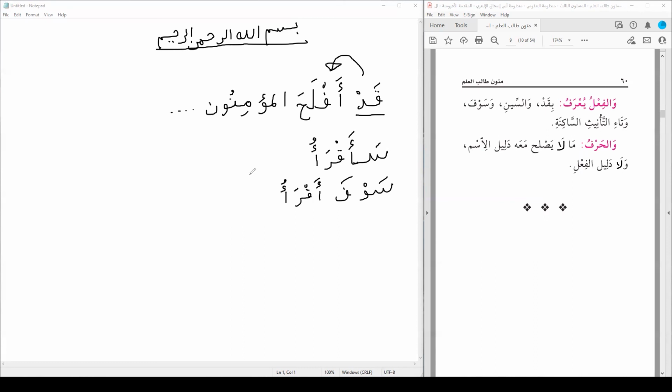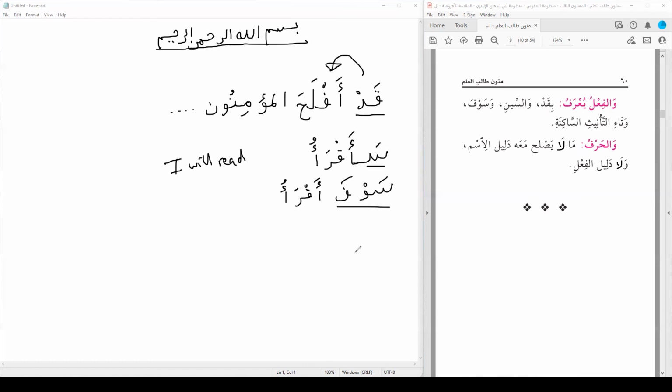They both have the same meaning; they both mean I will read. So the thing that's making the word aqra'u into future tense is the seen and the sawfa in both cases. And because they're only used for verbs, the word being affected by them is going to be considered a verb. And then finally we have ta' ta'nith as-sakina.